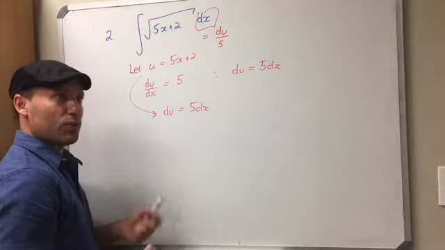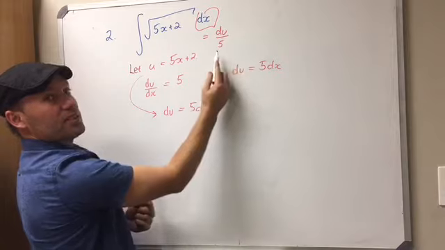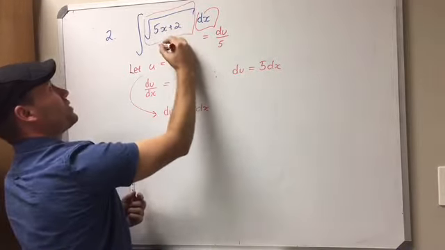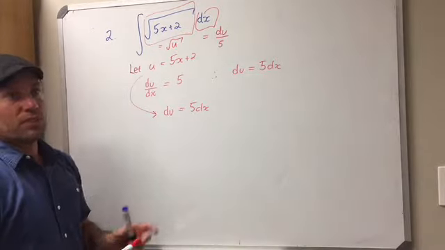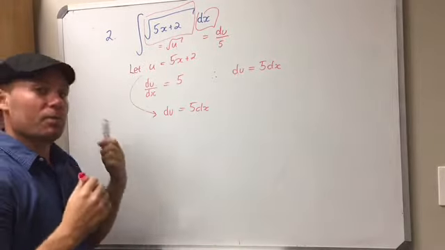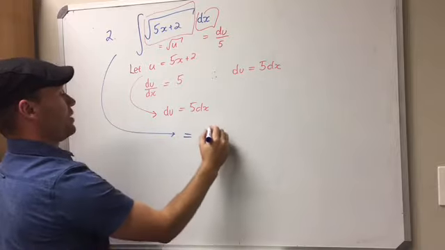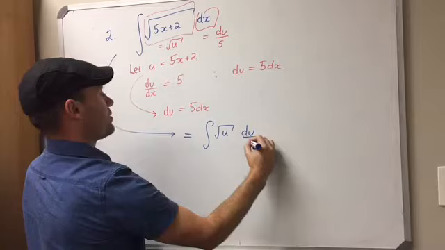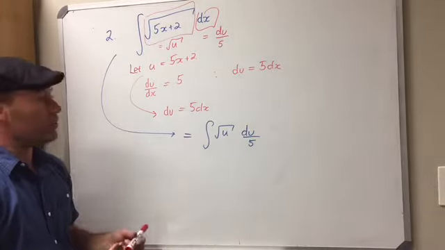Now we can cater for all parts of the integral, because the dx is catered for as du over 5, and the square root of 5x plus 2 is catered for as being just the root of u. So we can rewrite the integral together with the dx completely in terms of u as the integral of root u du over 5, which is an easy integral to do.